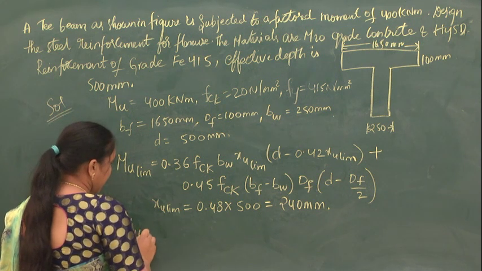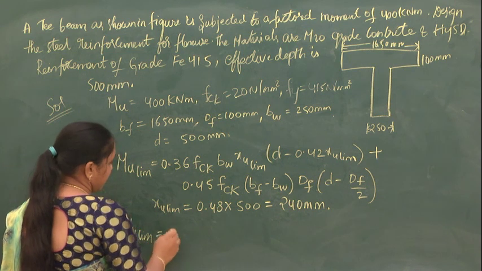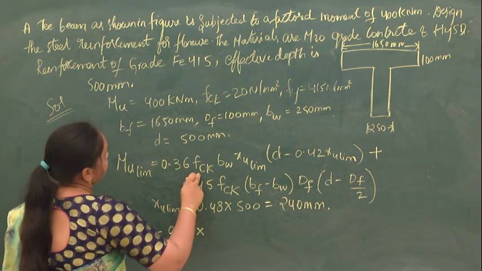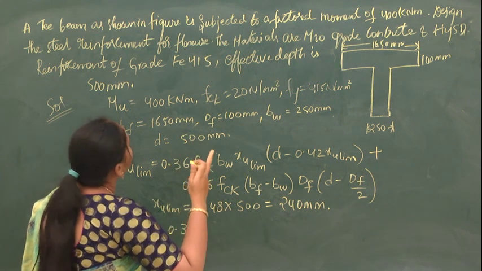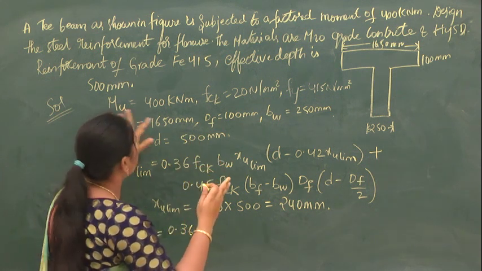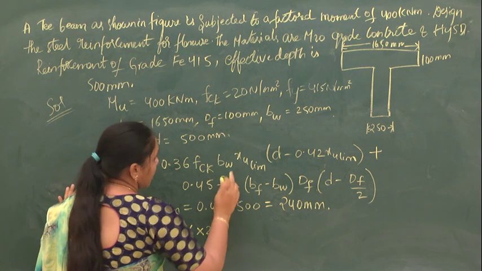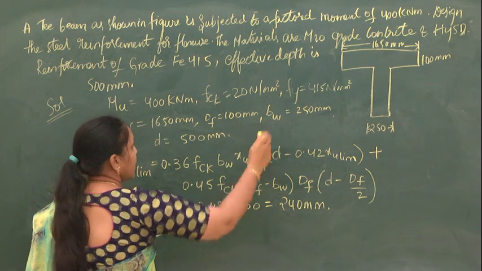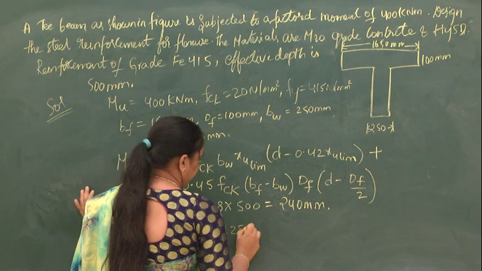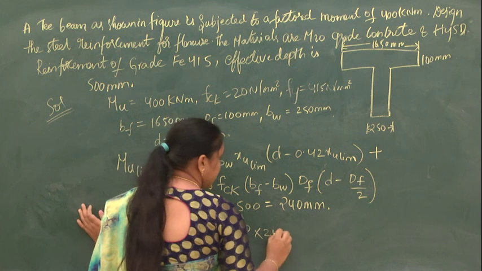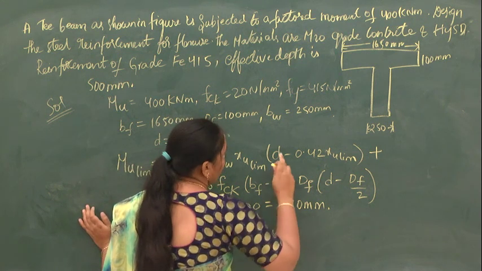So the limiting moment of resistance Mu limit will be equal to 0.36 into FCK. What is the grade of concrete here? FCK is 20, into BW, the breadth of the web, which is 250, into XU limit. What is the value of XU limit? It is 240, into D. What is the value of D?